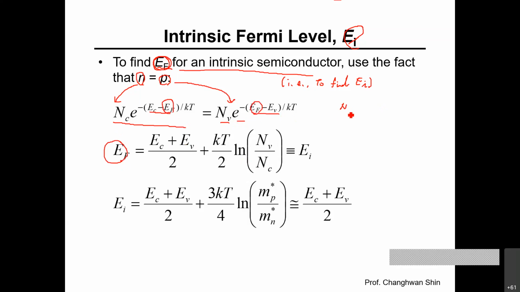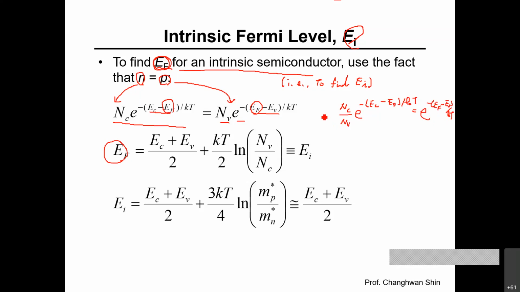So N sub C over N sub V times exponential of minus (E sub C minus E sub F) over kT is equal to exponential of minus (E sub F minus E sub V) over kT.